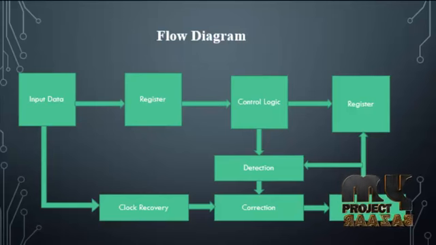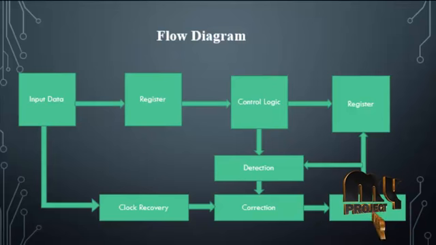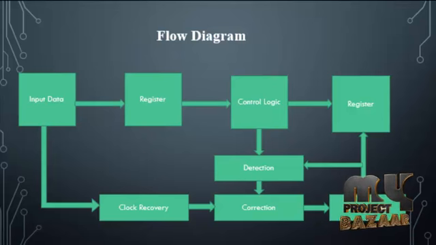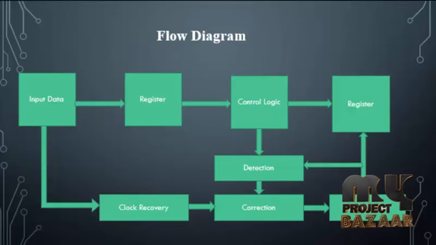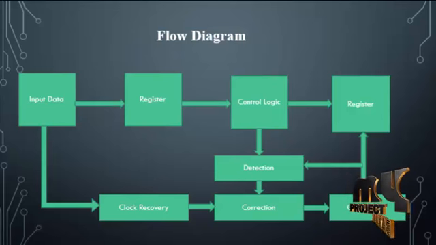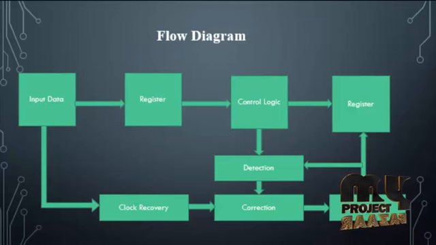This detection block is designed to drive the digital signals. The output of the control logic digital signal is directly applied to the detection block. This detection block will produce the output pulse waveform, which is directly applied to the correction block. The correction block combines the recovered clock signal with the digital pulse signals to produce the output clock wave.